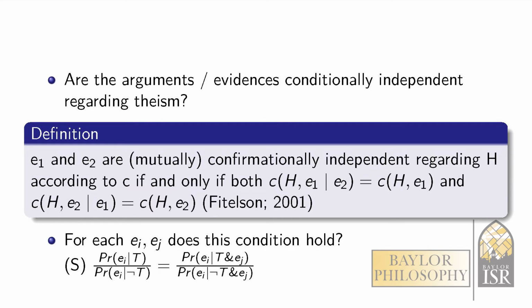One of the key questions here is whether the arguments are conditionally independent regarding theism. We have here the definition of confirmational independence from Branden Fitelson, which I'll put up there. I won't read through it. And hopefully I have the screening off condition. Yeah, I do.